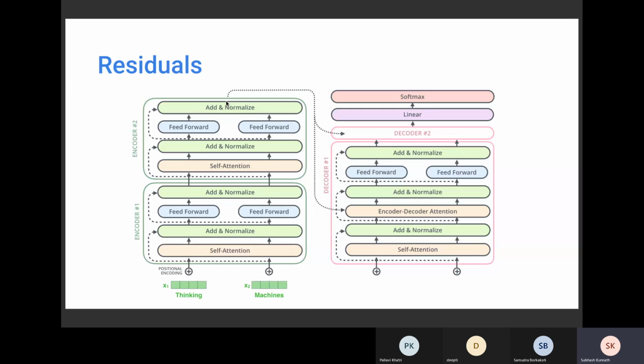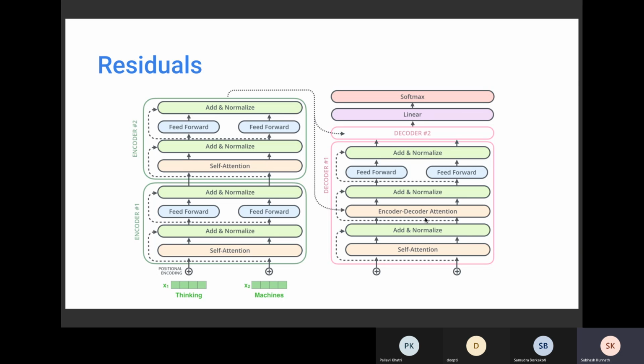And you can see that from the final encoder layer there is a connection going to the encoder decoder attention layer of this decoder module. This encoder decoder attention is similar to the self attention.